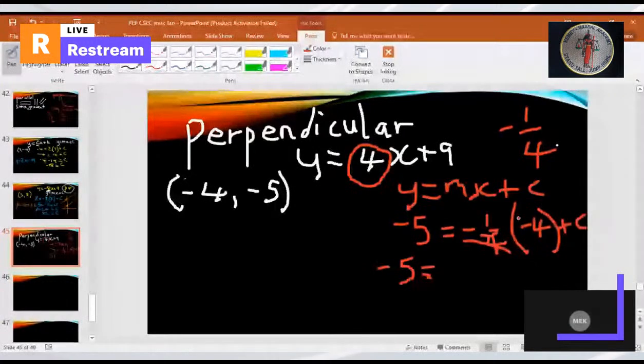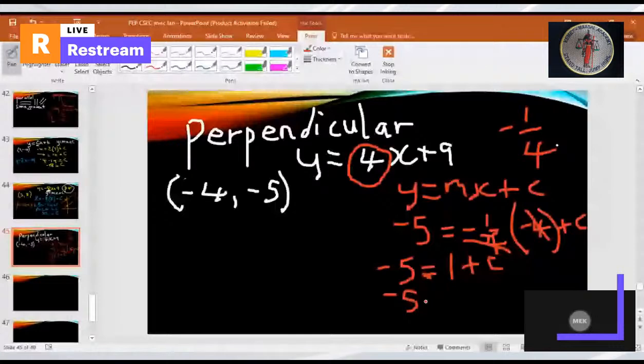So we end up with -1 plus c. Now we add 1 to both sides, so c would be equal to -4.